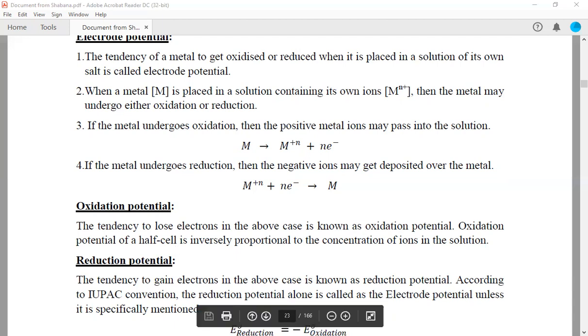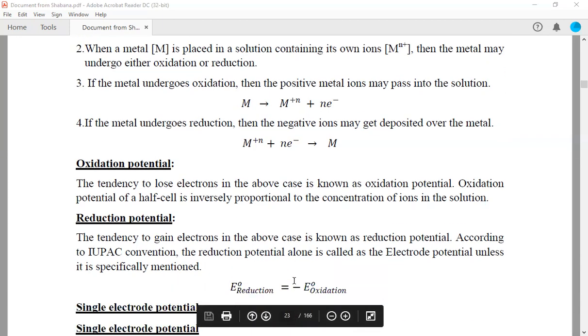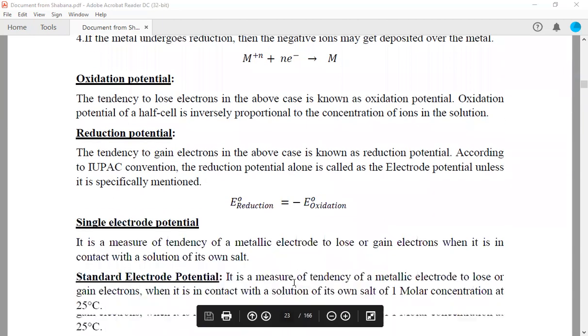That means this is the relation between the electrode potential in the case of reduction and in the case of oxidation. The relation between these two is E reduction is equal to minus of E oxidation. So this is about the oxidation potential and the reduction potential.